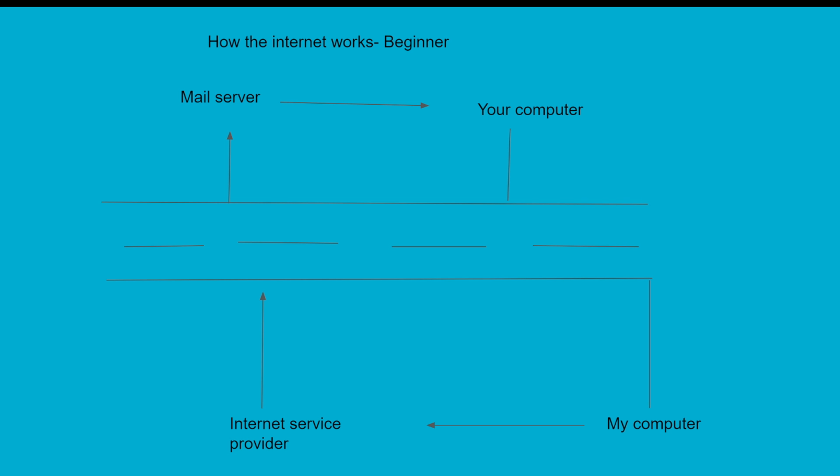All right, so this is how it works just starting off. Our computer is over here in the bottom right-hand corner, and we reach out to our internet service provider, which then forwards our traffic to our router, and then we go through a mail server. Think of the internet as a whole like driving on the road as a postal delivery company.